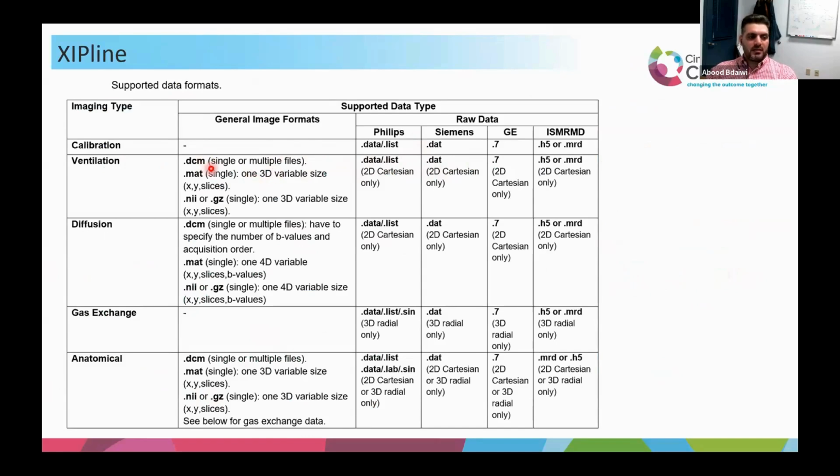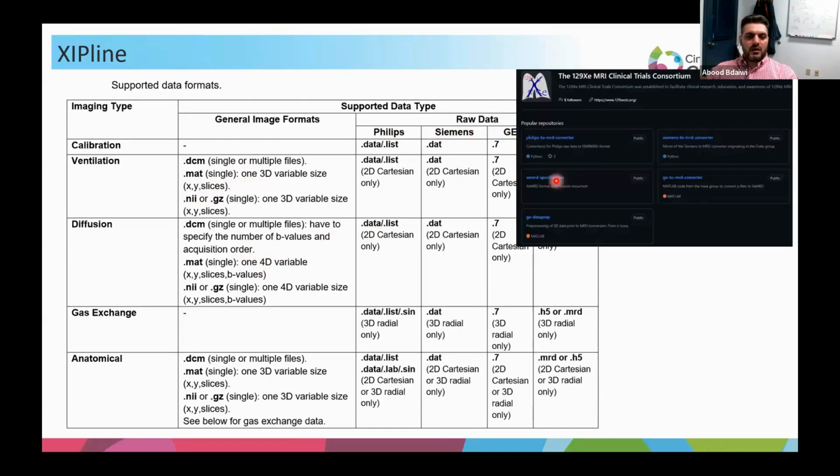The application supports all these types of data. Obviously we have DICOMs, kind of a universal medical imaging data type. And then we also have DAT and NIfTI, which are also very common in our field. It also supports the raw data from all major scanners, and also the ISMRMRD format.